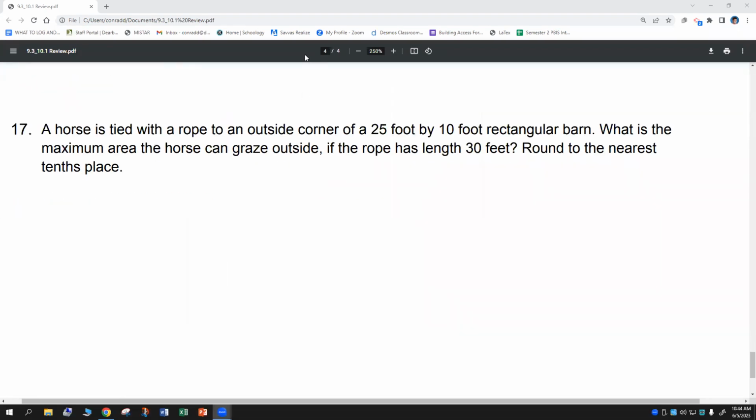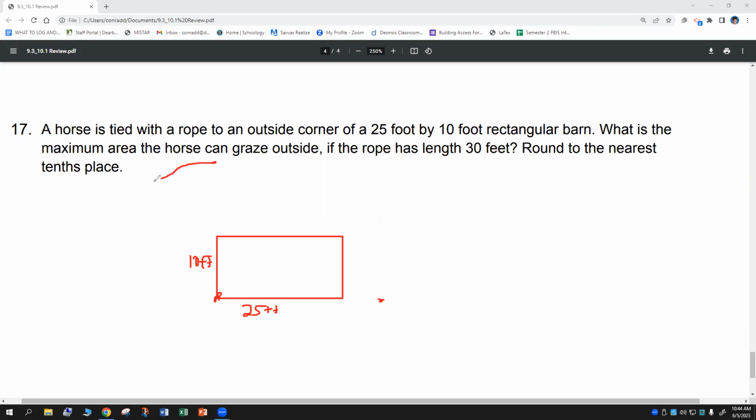Let me draw a box for my horse. Okay, it's 10 by 25, so 10 feet, 25 feet. All right, if it's tethered, let's say to this corner, it's going to go 30 this way, so maybe right here. Going to go 30 this way, so maybe right here.